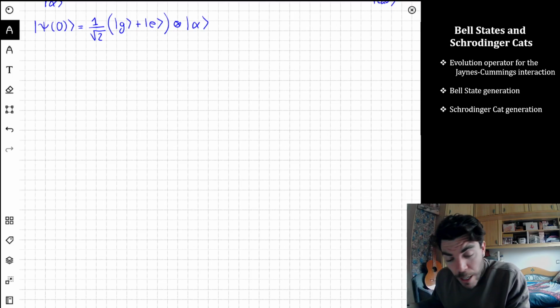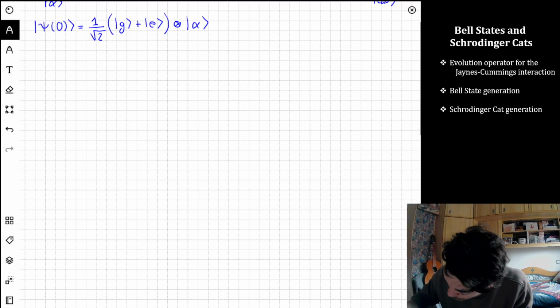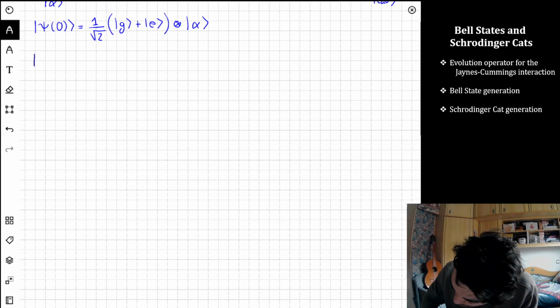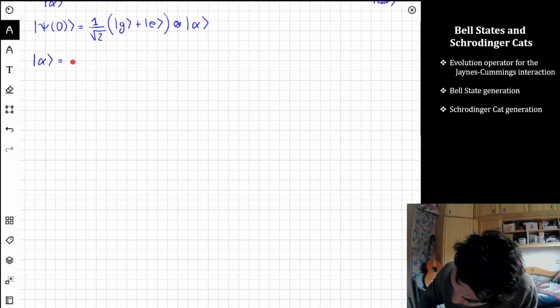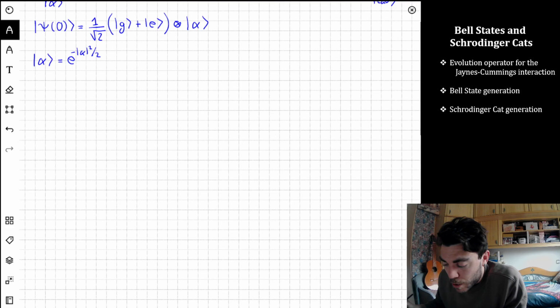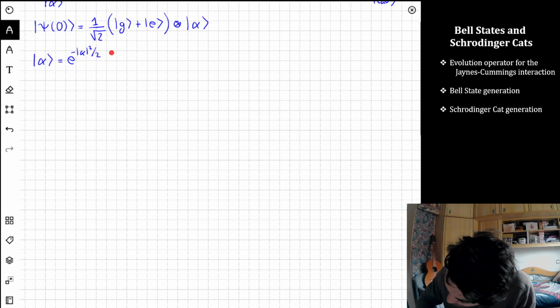a coherent state. So recall, because this is going to be very important, the coherent state, this comes from quantum optics, but we wrote it already, we used this already. The coherent state is just defined as this state, e to the minus alpha squared divided by 2, which is just a normalization factor, and then we sum n from 0 to infinity of alpha to the n divided by square root n factorial, and then |n>.